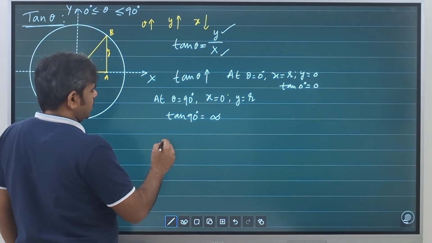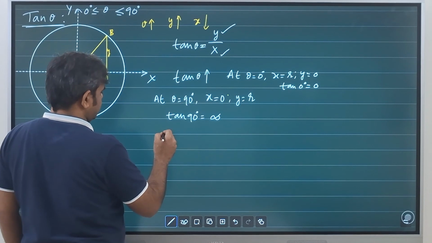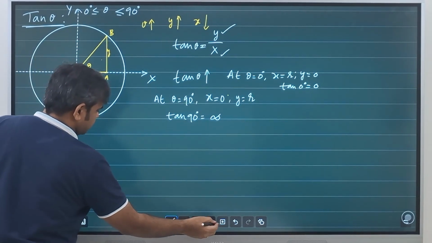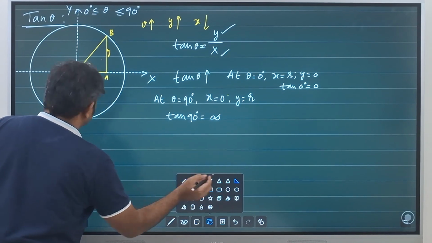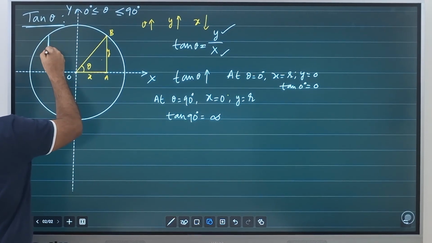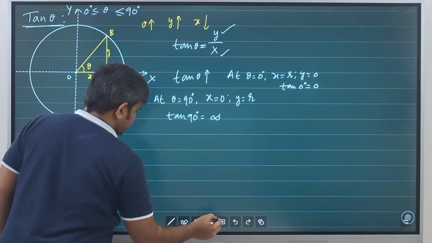Tan 90 degrees is infinity, but in the second quadrant, look at the right angled triangle.